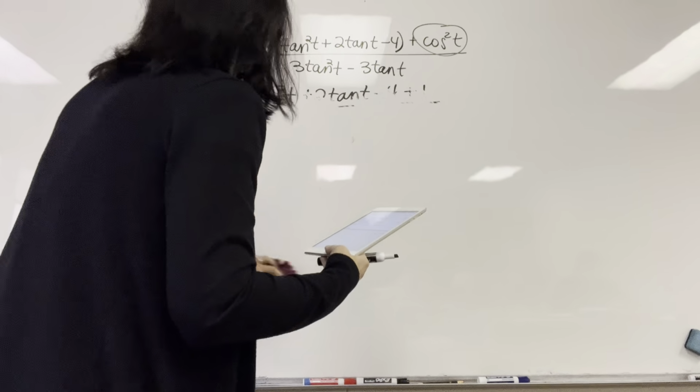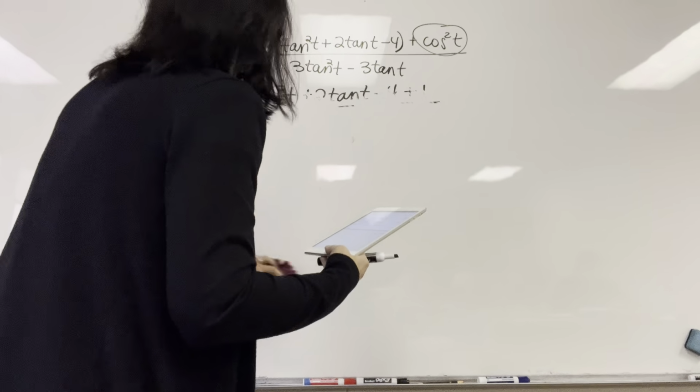All right, so number 5's instructions: we're not determining graphically, we're determining algebraically if this is an identity. I would say let's start working on the left-hand side.